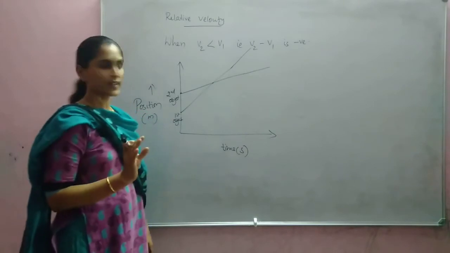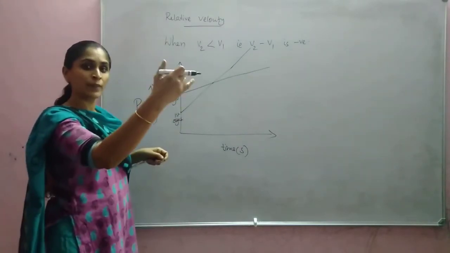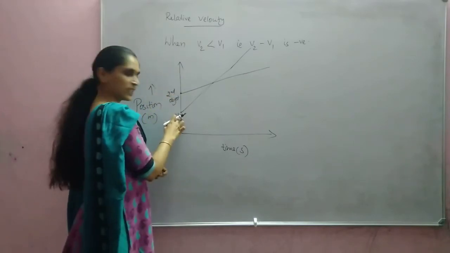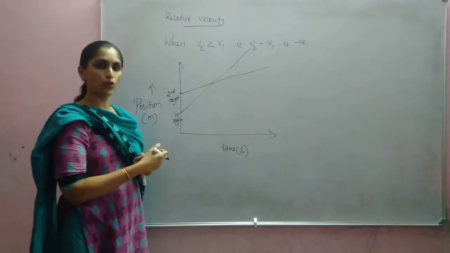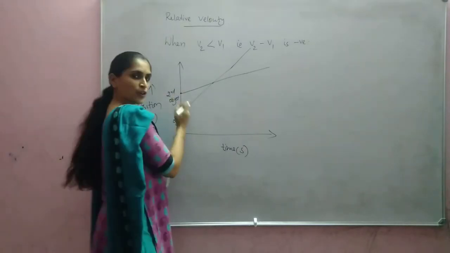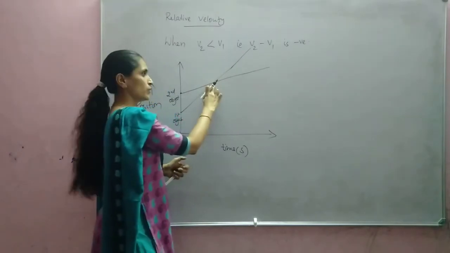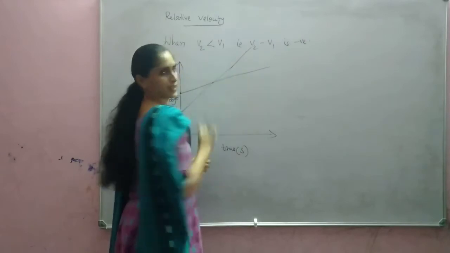Initially their separation is more because the second object is starting from a larger distance. But as time goes on, the first object crosses the second object and their separation again increases.